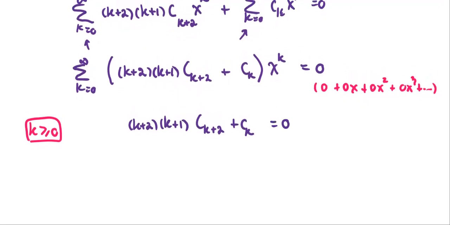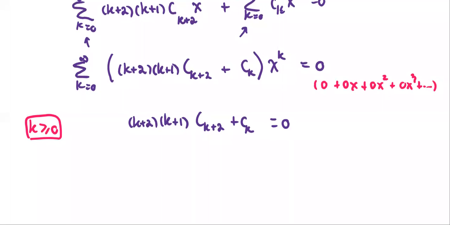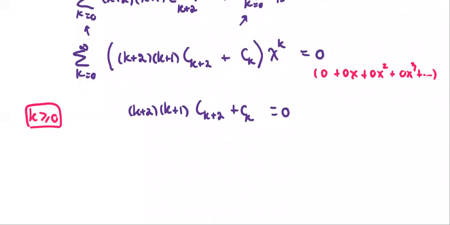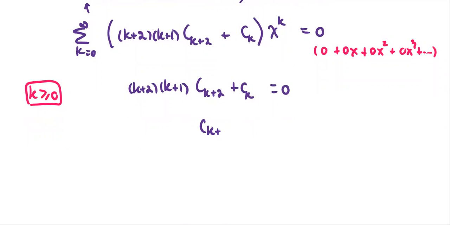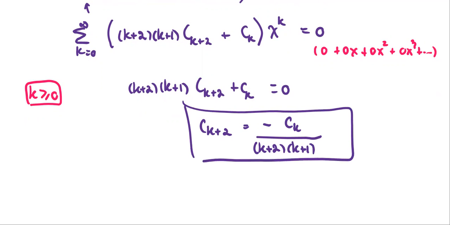Now we are going to rewrite c_{k+2} in terms of c_k. c_{k+2} equals negative c_k divided by the product of k plus 2 and k plus 1. And this formula is called the recurrence relation, and we use it for k greater than or equal to 0.